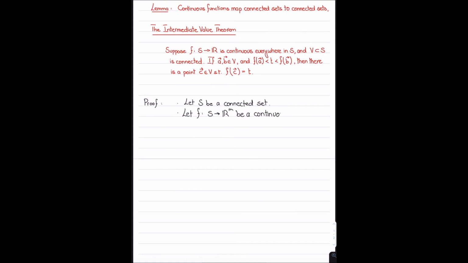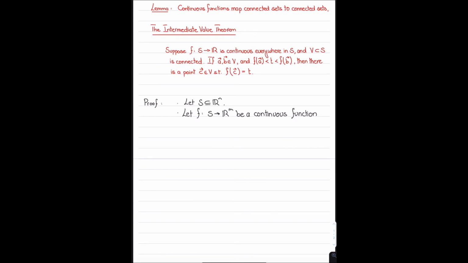Okay, normally, actually, you know what? I'll just write this out as: let S be a subset of R to the power of n. Let's not assume anything for now.